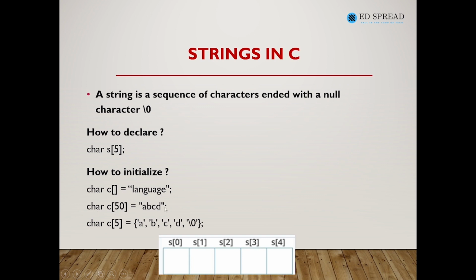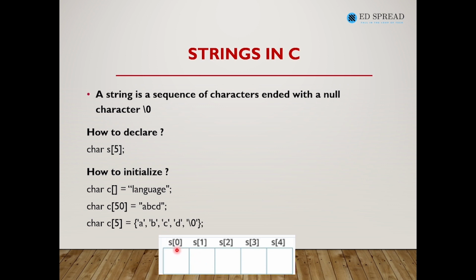If we write abcd, we need to understand that I have given only four elements, so the remaining 46 elements will be saved as empty. And in the last, as I said, it will be \0. Again, char c[] = "abcd" and again the \0. We can define it like this also. So this is how it looks.